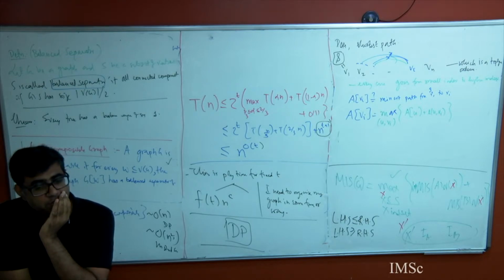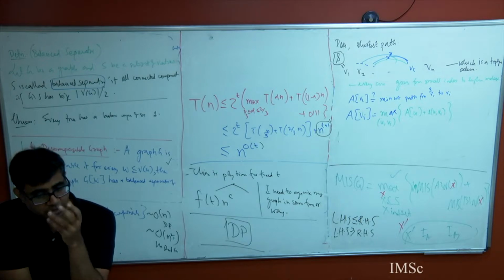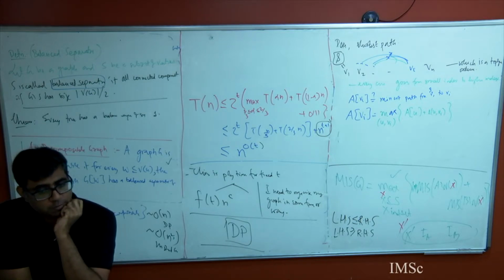It gives you a way to process your problem. And when you are processing, all the sub problems on which it depends, I have already processed. That's all that it tells you.